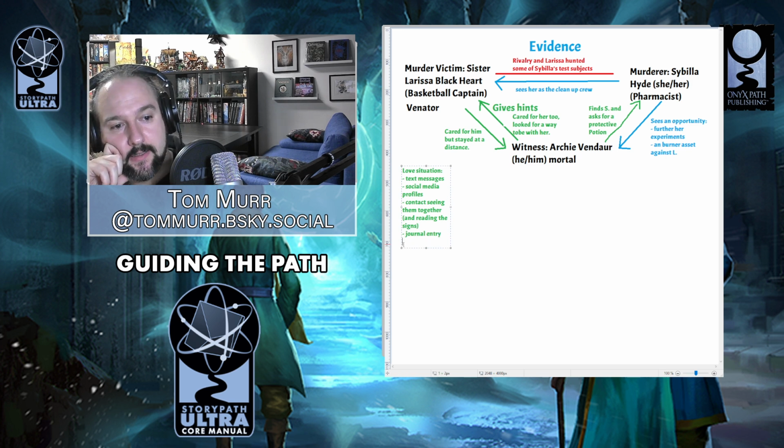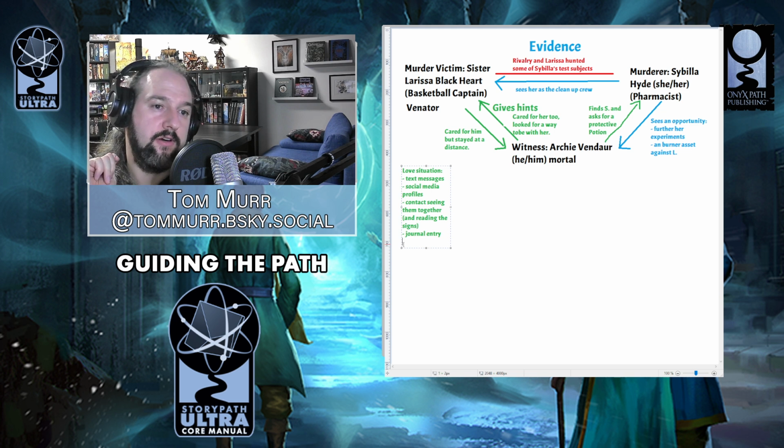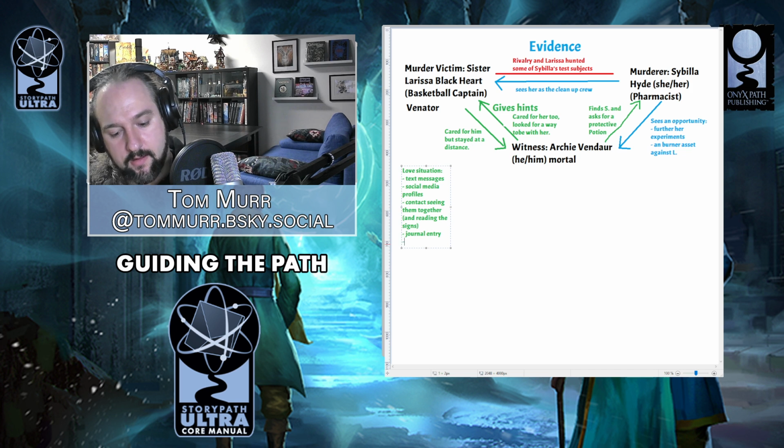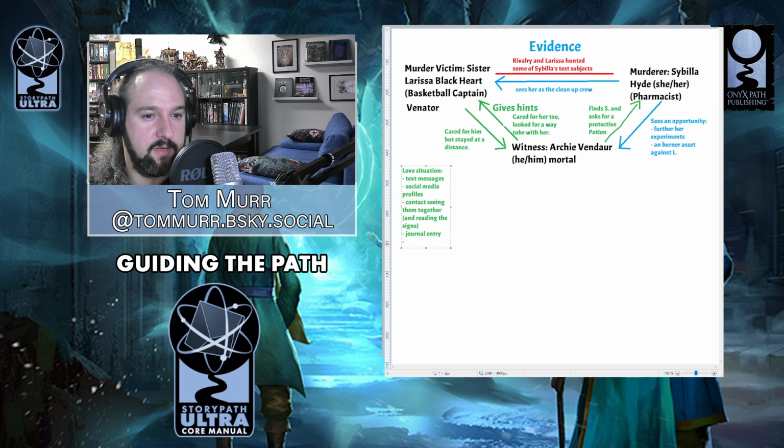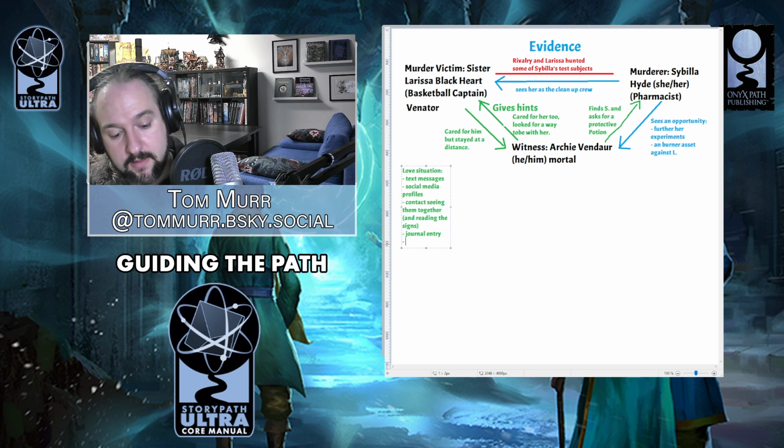This can be something that's on Larissa's body. Maybe she has a charm. A bullet shell, for example, carved with Archie's name. A charm on Elt's body.